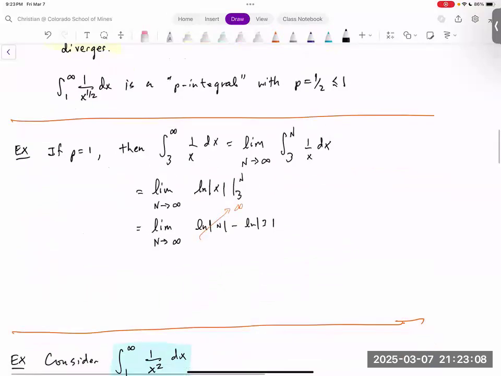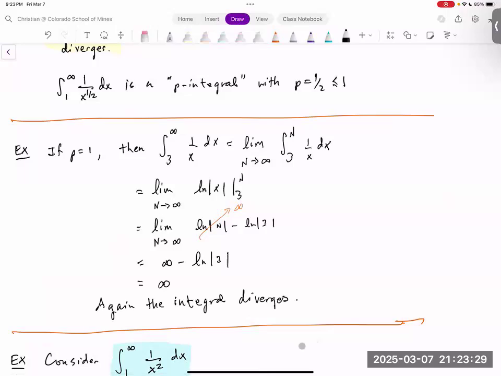So again, we have infinity minus natural log absolute value 3. That's infinite. And again, the integral diverges. The area under the curve of 1 over x from 3 to infinity just keeps getting bigger.